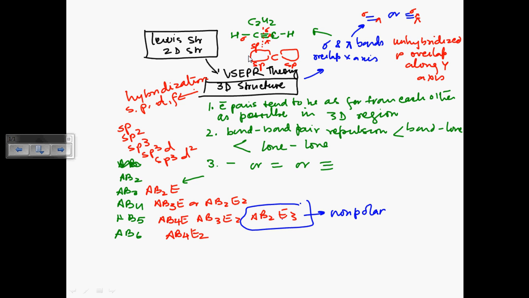This hydrogen overlaps with the s orbital. How do we know it's an s orbital? Because the valence electron of hydrogen is in an s orbital, and then the carbon has 2 unhybridized p orbitals, and on the other side you have a similar structure.